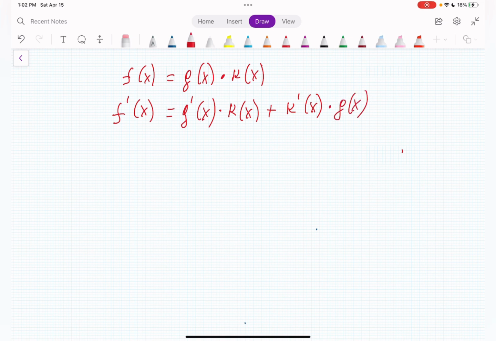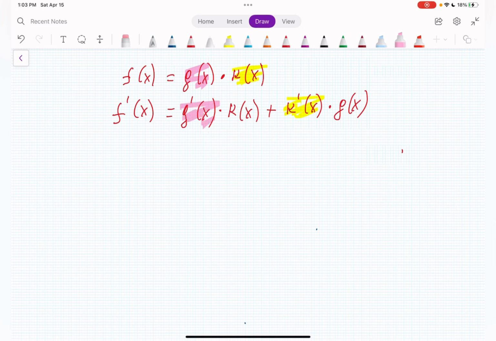So shortly saying, you take the derivative of the first term, multiply by the second function k of x, and then you take the derivative of the second one and multiply by the first function.